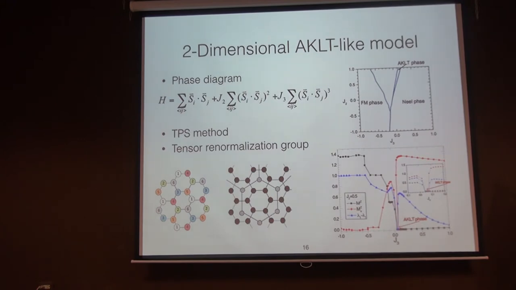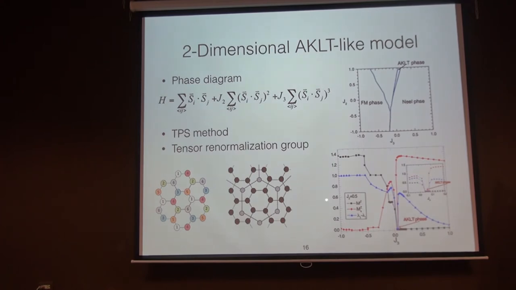Then we start with the two-dimensional AKLT, and I use the tensor product states with the six impurity tensor, and I use the simple update to obtain the ground state. Then I calculate some local order parameters such as the magnetization and the nematic order by using the tensor renormalization group, and then we can get the full phase diagram.